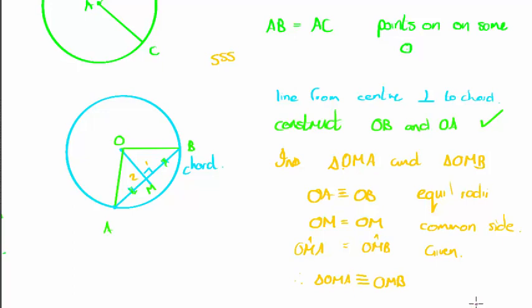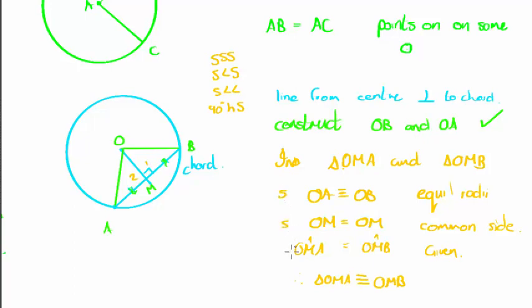Why? What's the reason? So I've got one of three to choose from: either side, angle, side, or a side and two angles, or 90 degrees, hypotenuse and side. Could be two. Side angle side, or 90 degrees hypotenuse. No, if you say side angle side, then you must look at the angle and the two sides.